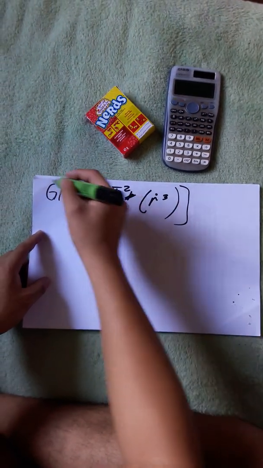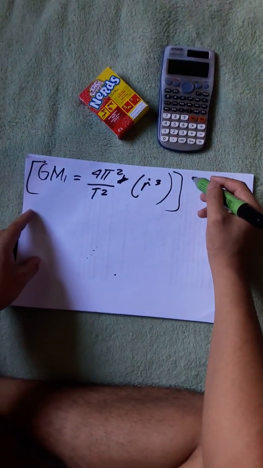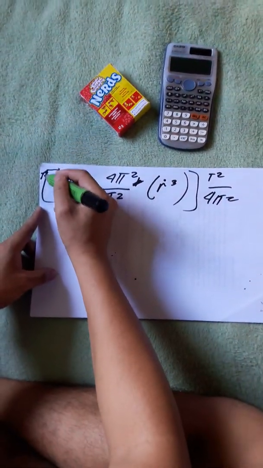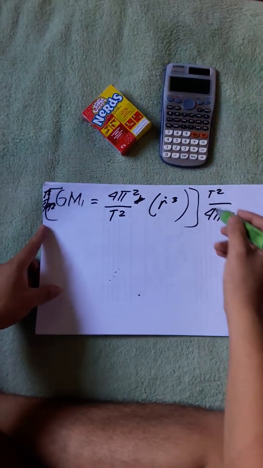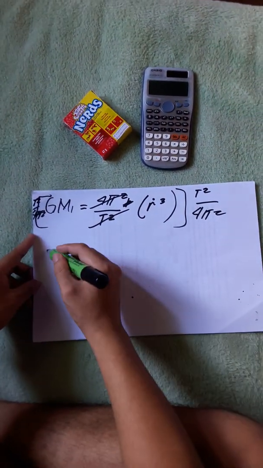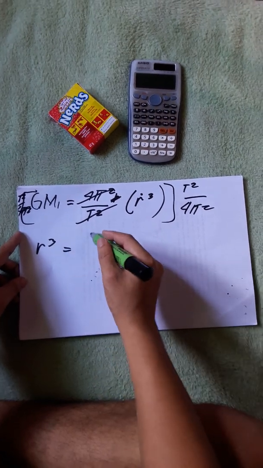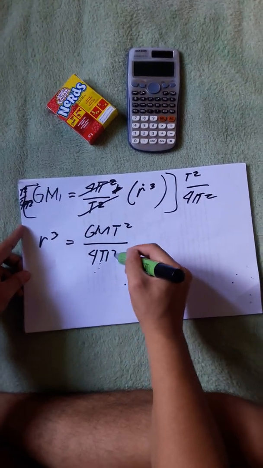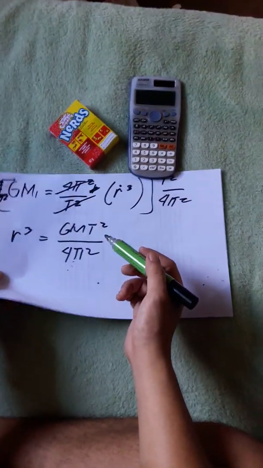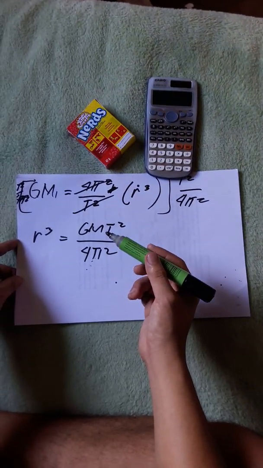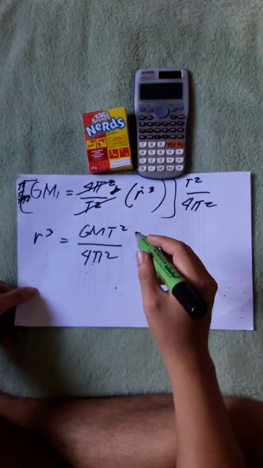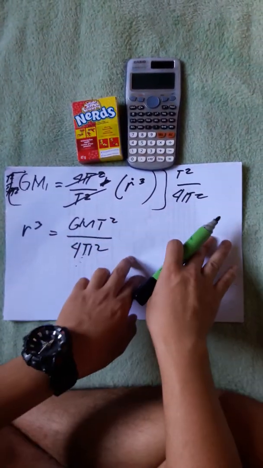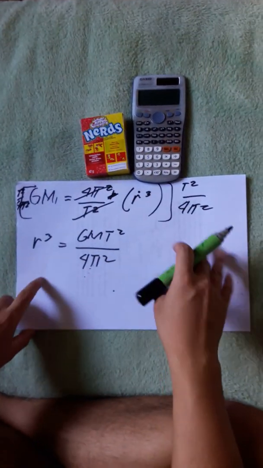So by multiplying both sides by t squared over 4 pi squared, and t squared over 4 pi squared cancels out, we have r cubed is just equal to G m t squared over 4 pi squared. And with this formula, we already have the formula for solving the distance between the geosynchronous orbit and the Earth.